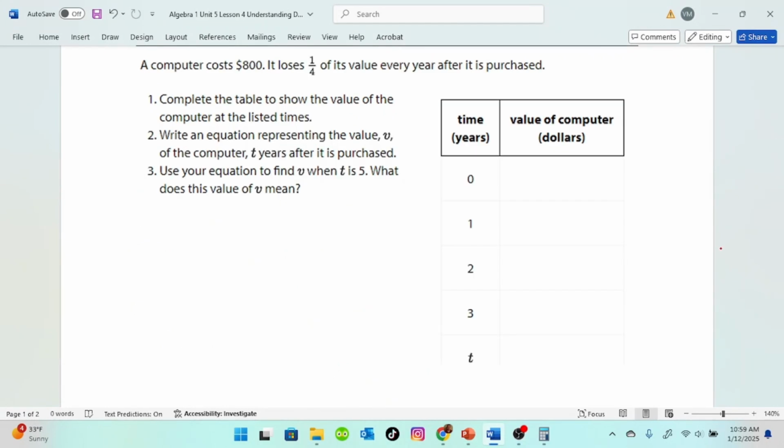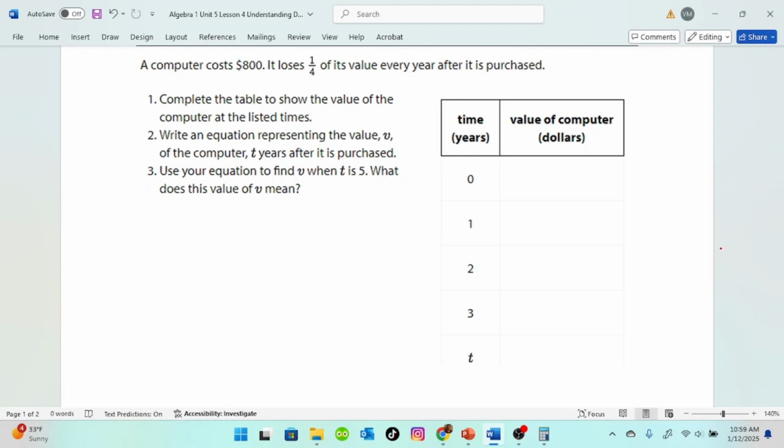Our next practice problem says a computer costs $800. It loses 1/4 of its value every year after it is purchased. Number 1, complete the table and show the value of the computer at the listed times.